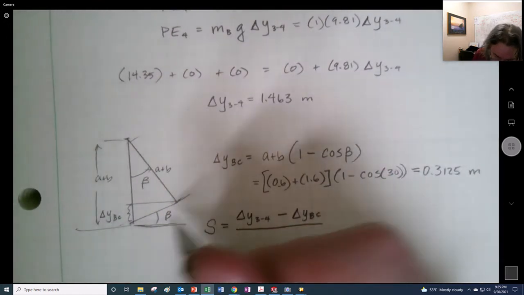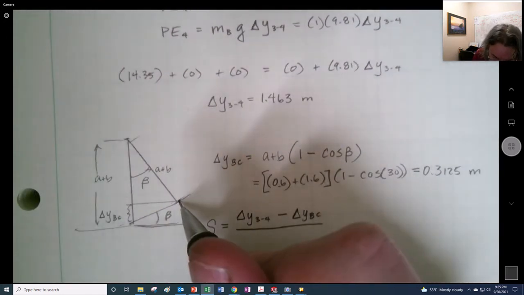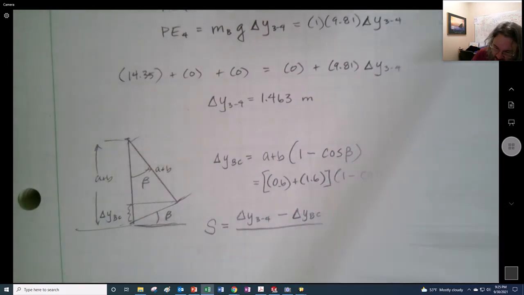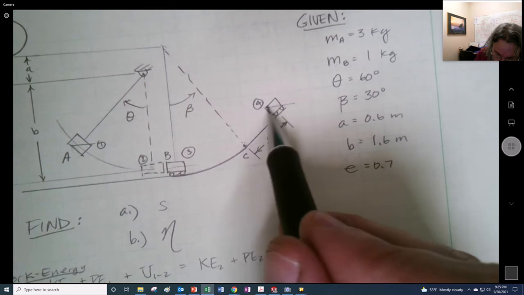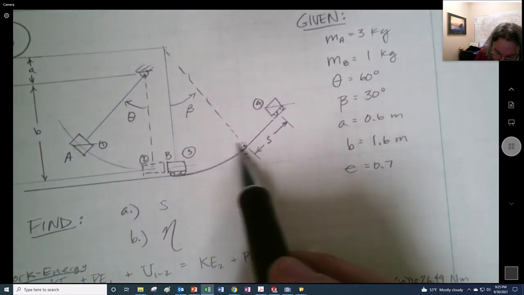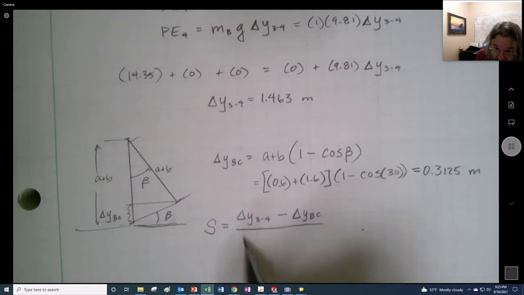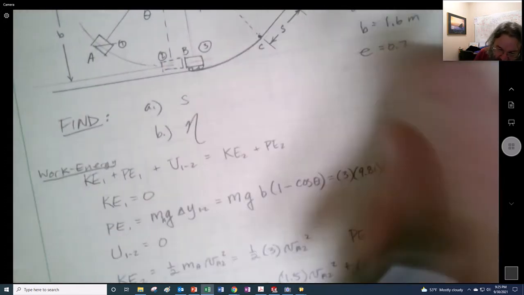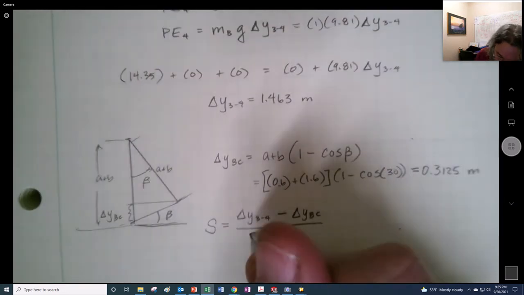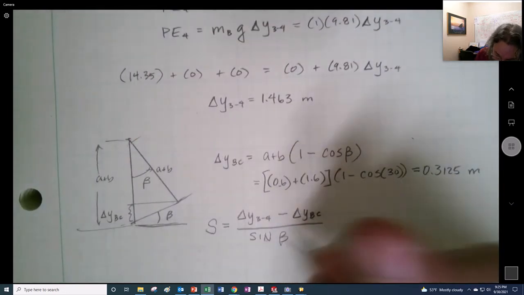So if we want to figure out this length, let's put it back over here. We just figured out the height distance between here and here, and that's what we have in the numerator at the top. We want the hypotenuse, so we're going to divide by the sine of beta.